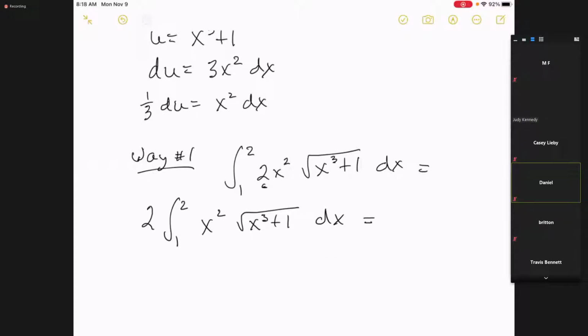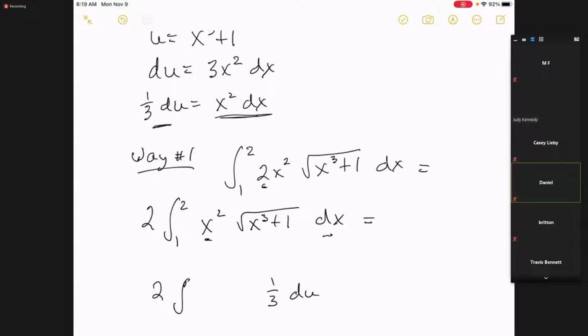Now I can make my substitutions. x squared dx is equal to 1/3 du. I'm leaving the endpoints off for the moment because I've got to be careful. So x squared dx gets replaced by 1/3 du.